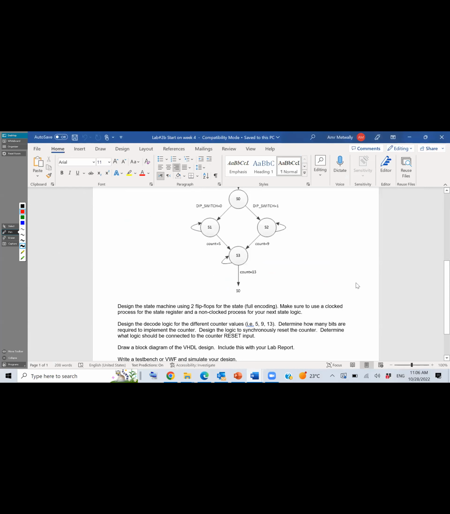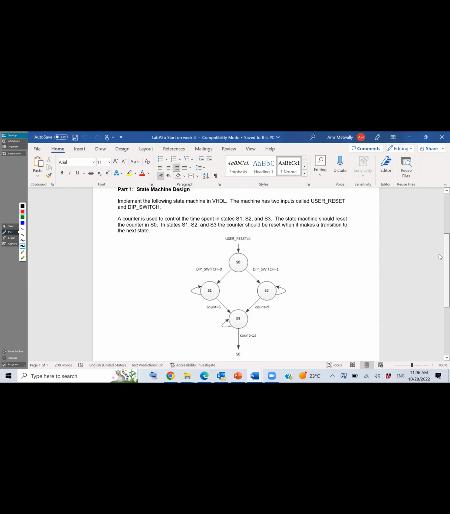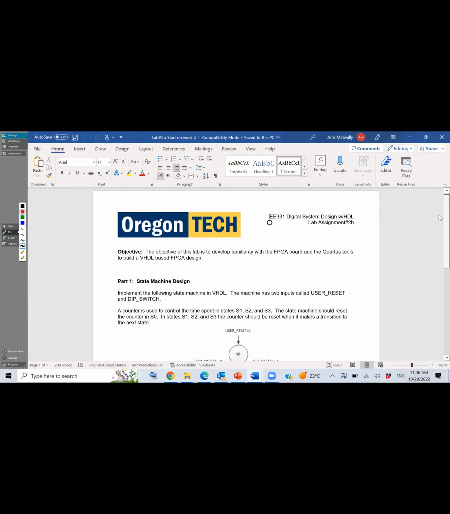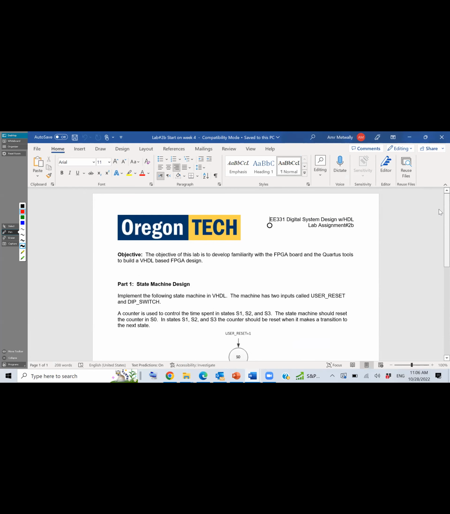Would you please open Lab 2B. Lab 2B. We can only see the top little bit of it.